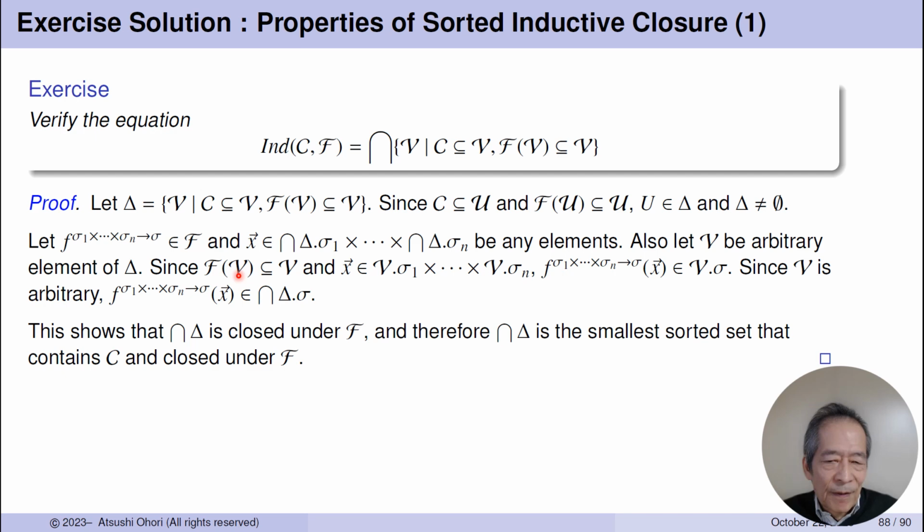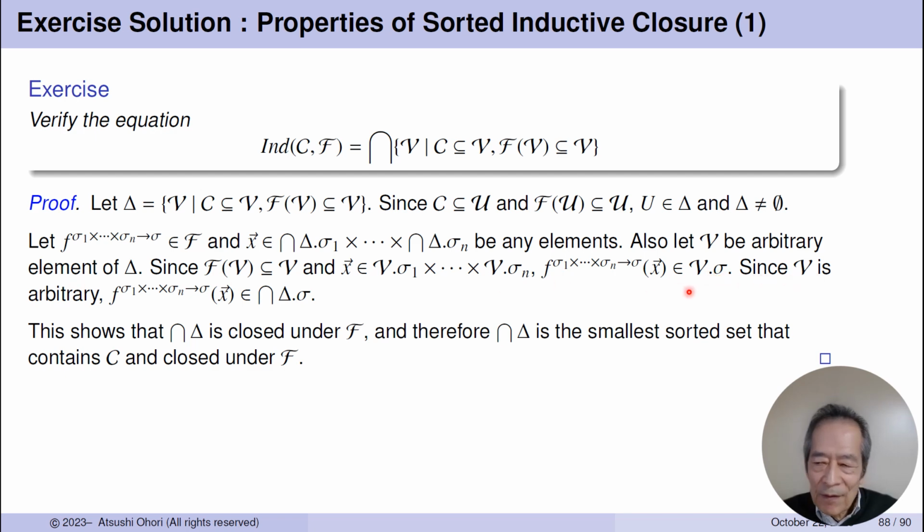And then this V, because this V is from this delta, is closed under F. So this picked tuple is also in this V, right? Then the application of this is in this V dot sigma.